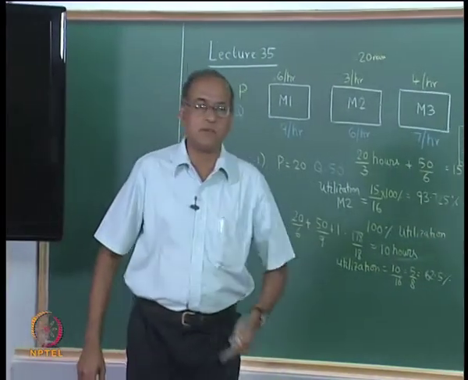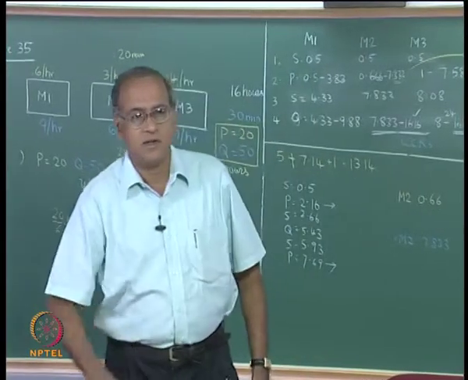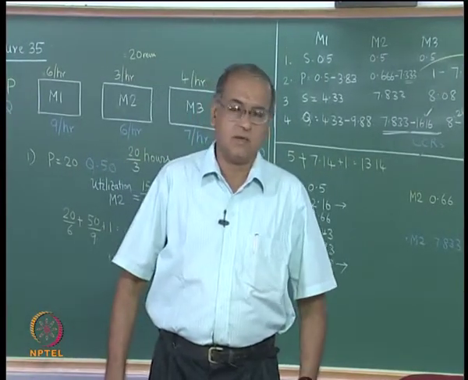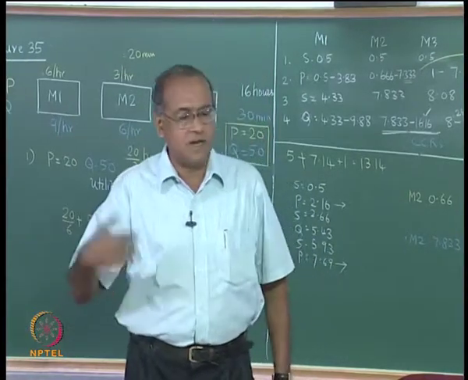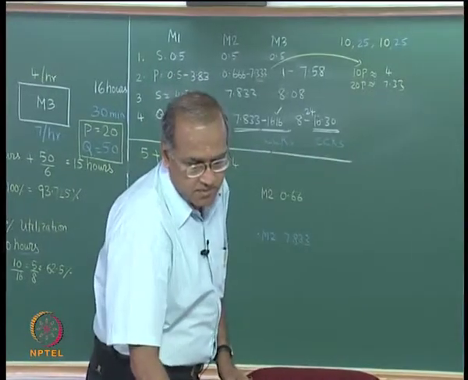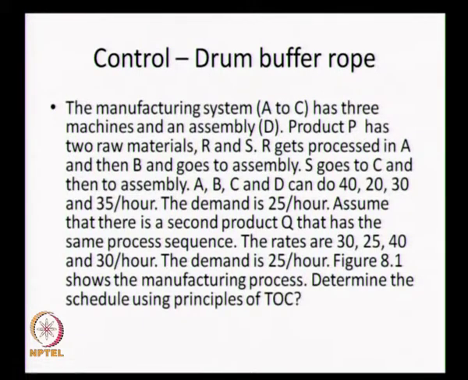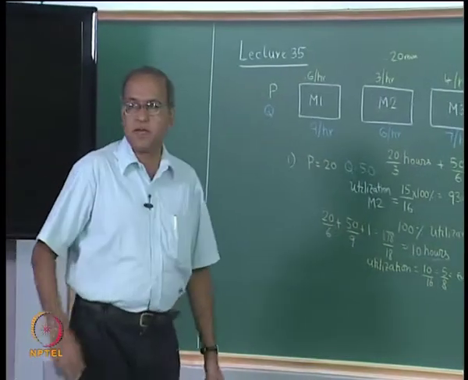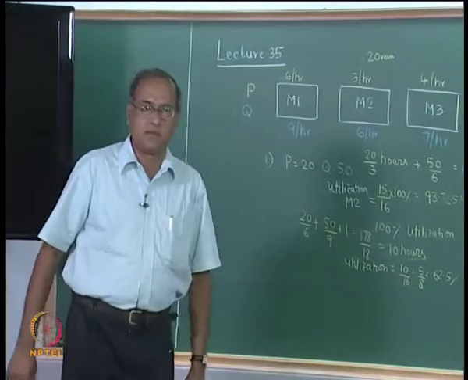But wherever possible we should try and have process batch different from the transfer batch, the process batch different on the bottleneck machine as well as on the non-bottleneck machine. So that is the learning from this particular exercise, where we have seen the principles of synchronous manufacturing explained through an example.